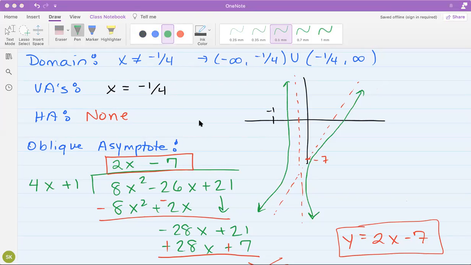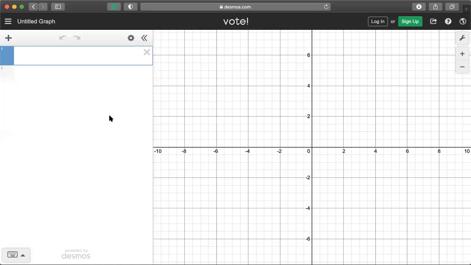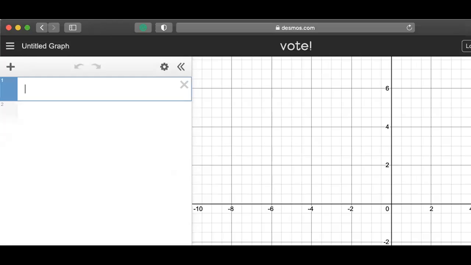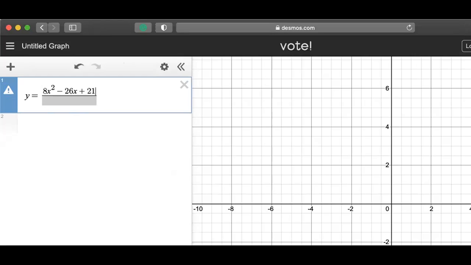So let's see, I'm going to switch over to my graphing calculator. And we're going to graph this. So let me share my graphing calculator. Okay. So the function that we're trying to graph is y is equal to 8x squared minus 26x plus 21.